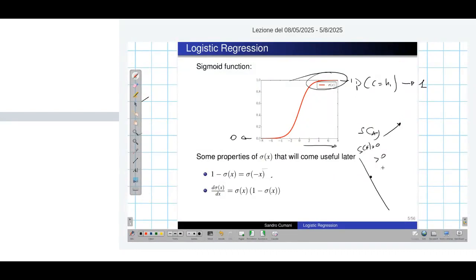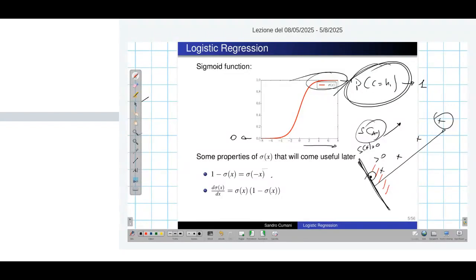A positive score means that I'm inside the boundary on the side of class 1, so the posterior probability for class 1 is larger. The farther I am from the decision boundary, the larger the score and the higher the posterior probability that the sample is from class 1. This makes sense intuitively. If I'm far from the decision boundary, I'm more sure that this point belongs to class 1, the class red. When the score is negative, I am in the region of class 0.